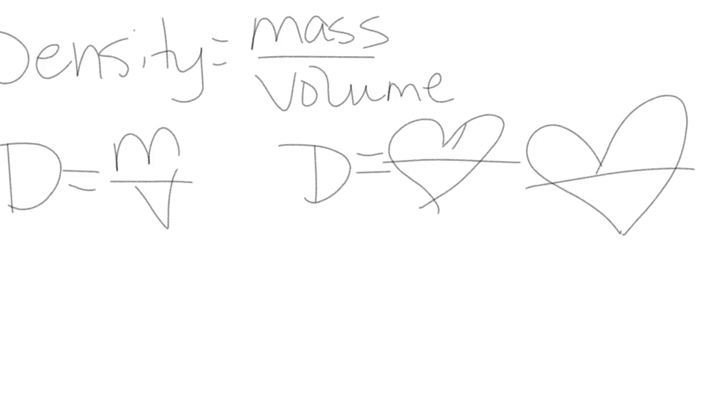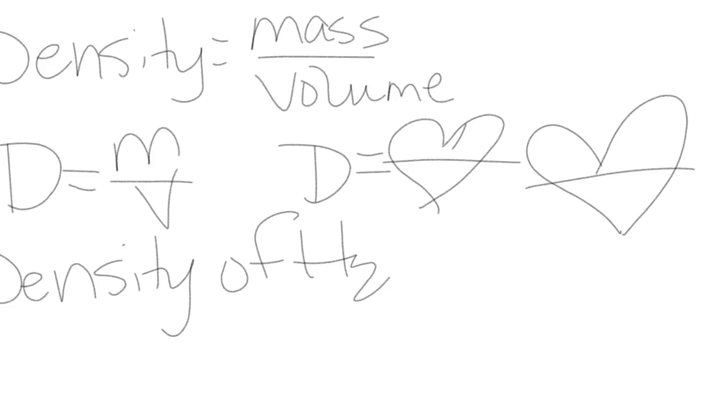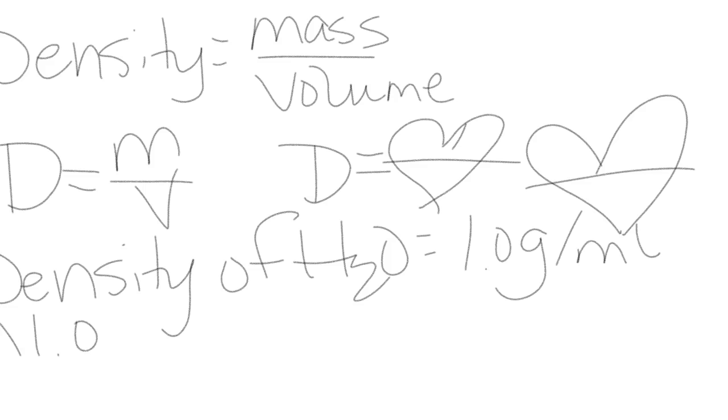Okay, all right. So you do need to write down that the density of H2O is equal to 1.0 grams per milliliter. Anything above 1.0 is going to sink in water.